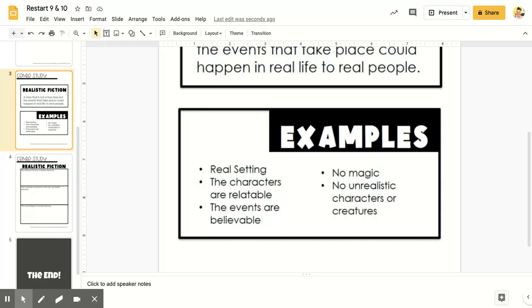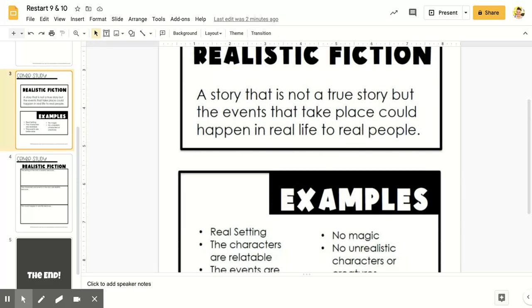The events are believable. There's no magic, and then no unrealistic characters or creatures. I always like to think of characters or creatures being unrealistic. Like whenever I think of Mulan and we have Mushu the dragon talking, right? Really cool character, not so much in the realistic fiction genre.